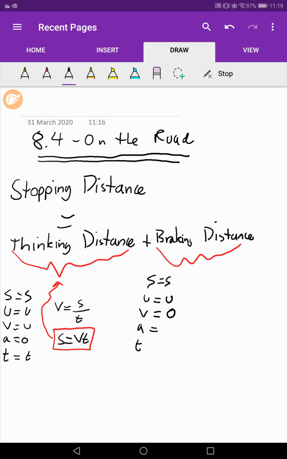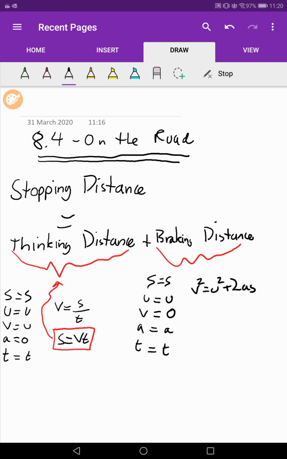And we're going to have an A, and we're going to have a T. So we're not really interested in the time in this one. So let's just see what that brings out. So we've got V squared equals U squared plus 2AS.